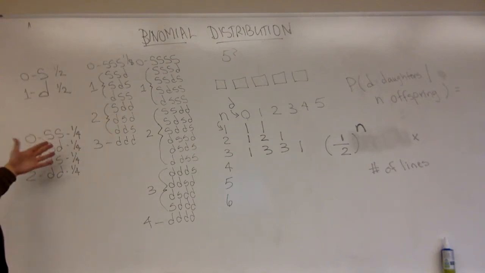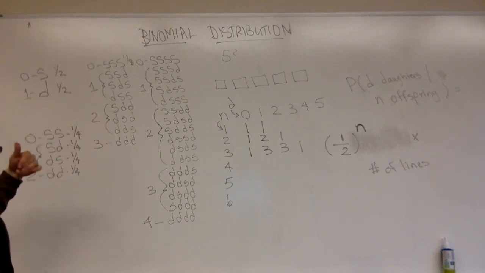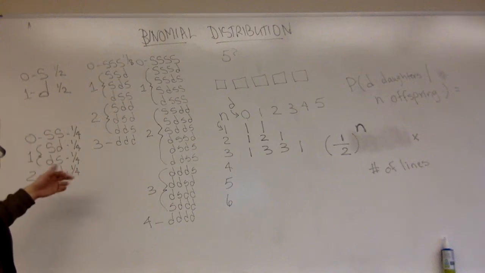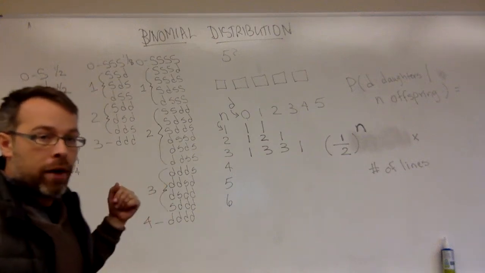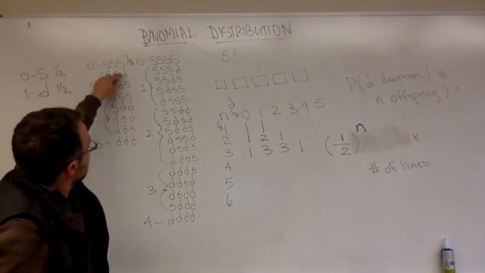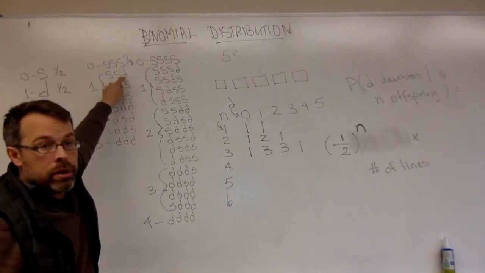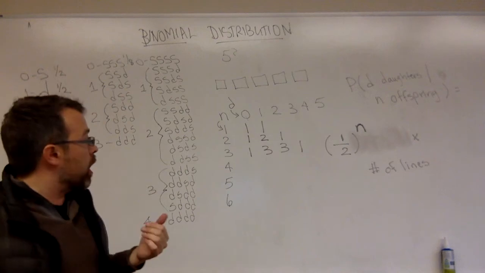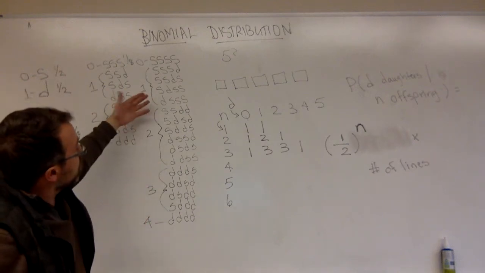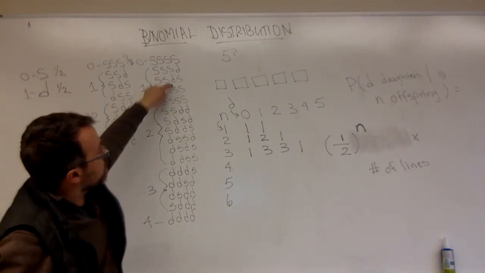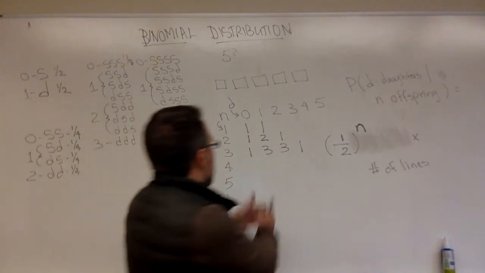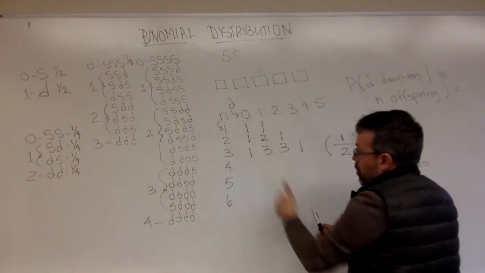So we have 2 ways to get 1 daughter if there are 2 offspring. What about here? Now the daughter could be first, or second, or third. So we have 3 ways if there are 3 offspring. Here with 4, the daughter could be first, or second, or third, or fourth, so there are 4 ways. And so this is going to be 1, 2, 3, 4.